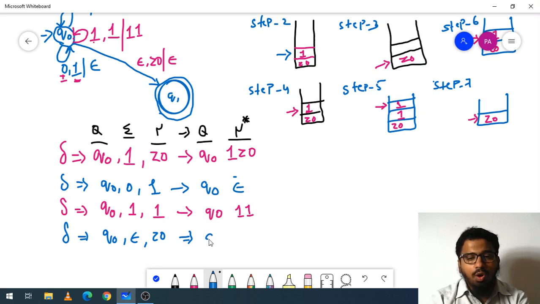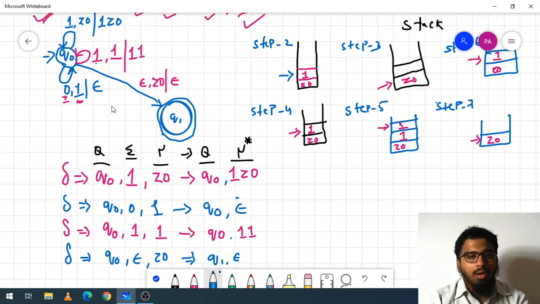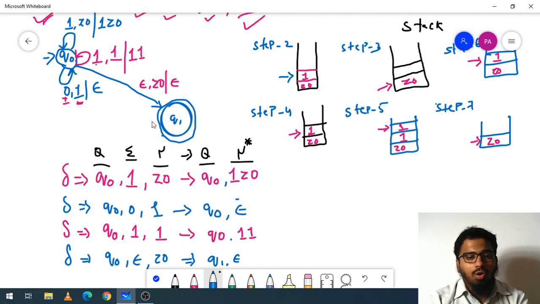So here we need to write Q1, comma epsilon. Like this, we finished 4 functions: 1, 2, 3, 4. So delta of Q0, 1, Z0 is Q0, 1 Z0.